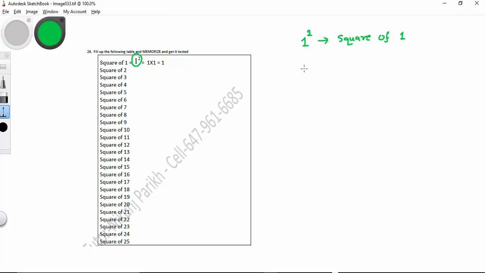If I have this number 4 with the exponent 2, then we can say that this is square of 4. We can also call this 1 squared. Or here it is 4 squared.